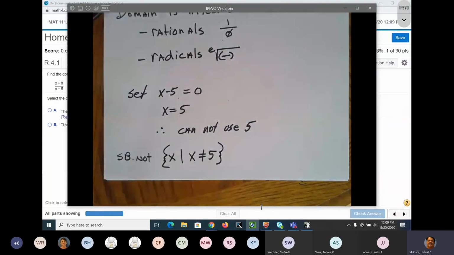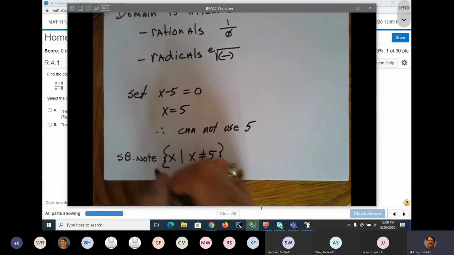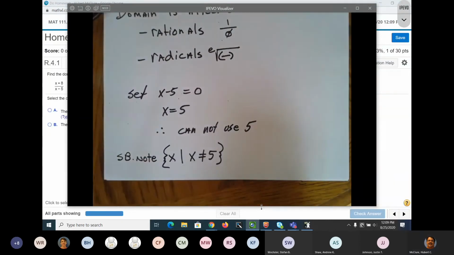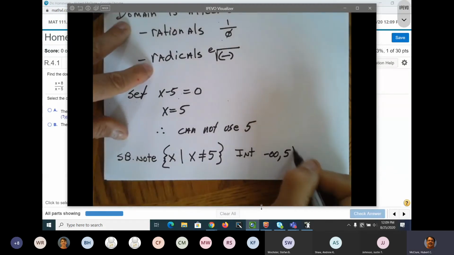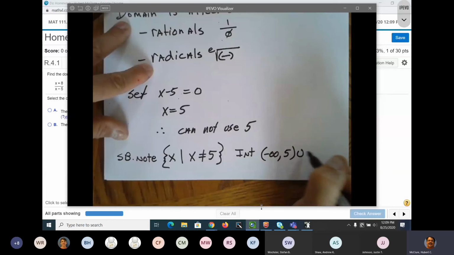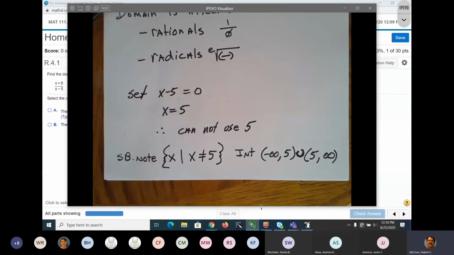Interval notation: negative infinity to 5, non-inclusive, and from 5 to infinity, non-inclusive.